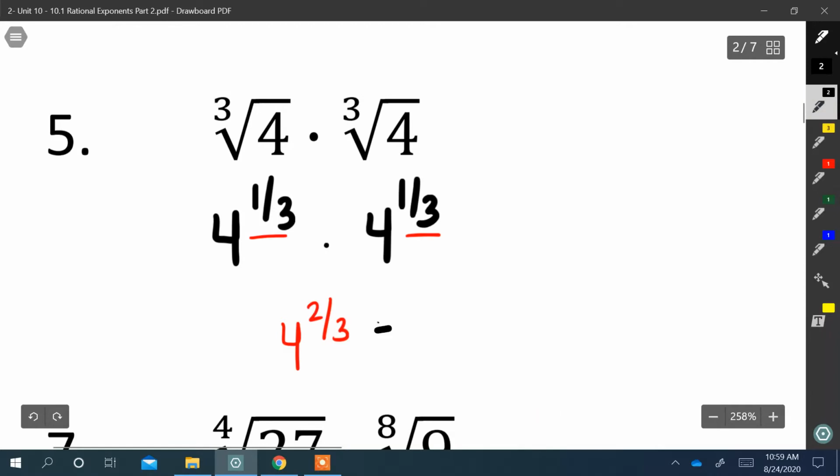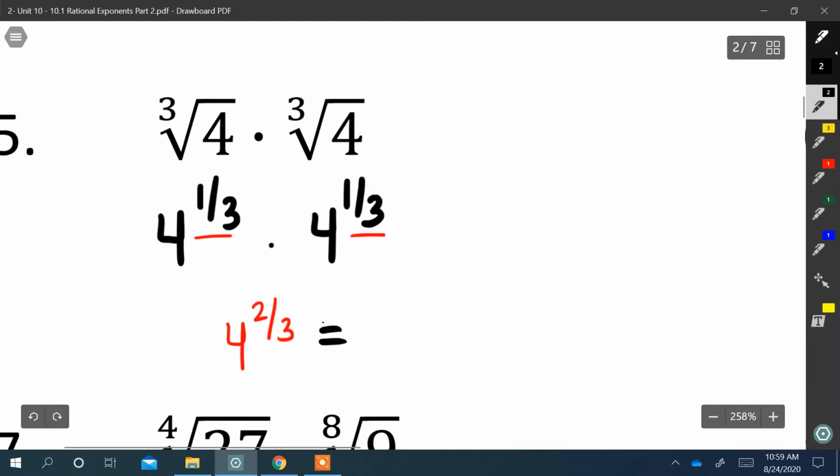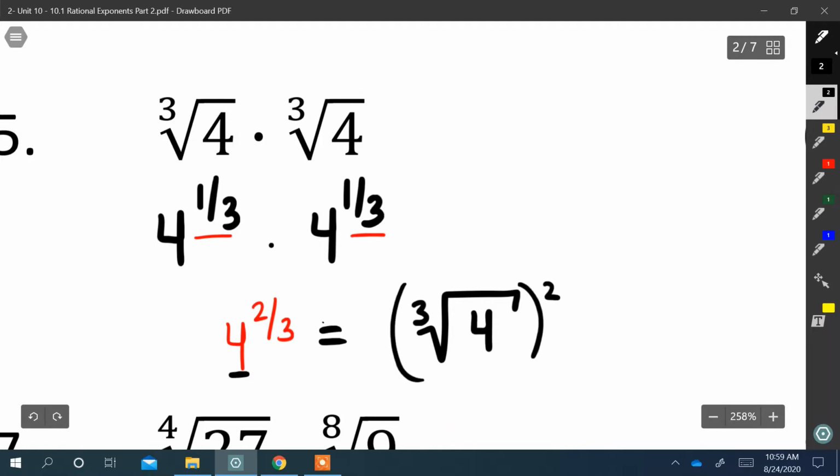So what I can do is rewrite this again from exponential form back into radical form, and it will look like this. First of all, it will be the 4 there, then the 3 will be right there, and then my 2 will be right there.